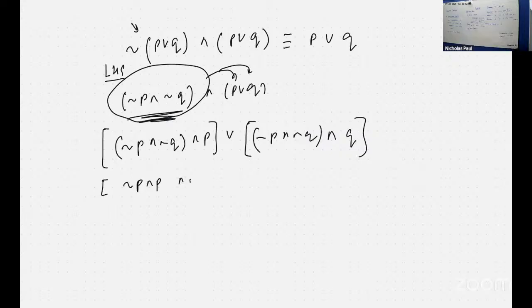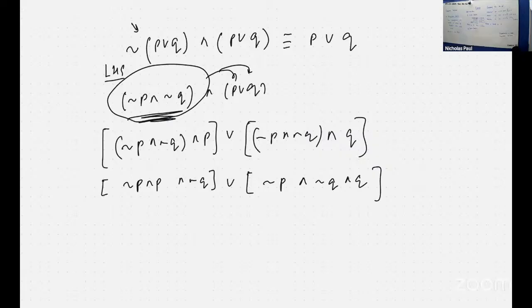And here, I'm going to get the negation of P and the negation of Q and Q. Right?